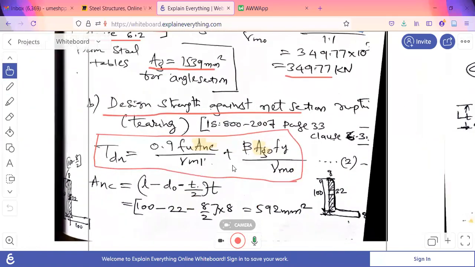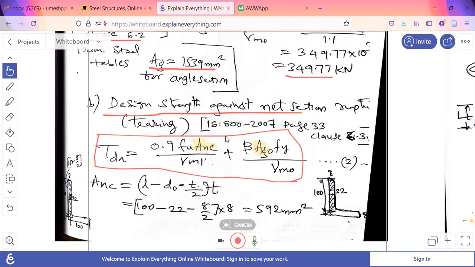Now what I will do, I have calculated ANC and AG0. Here we can see in this formula TDN, the design strength against net section rupture. It is rupture actually, R-U-P-T-U-R-E, or we can say tearing.